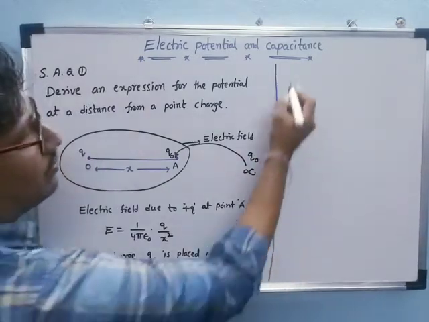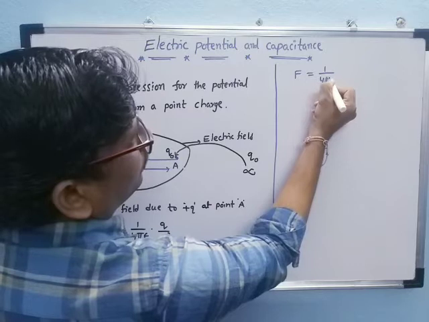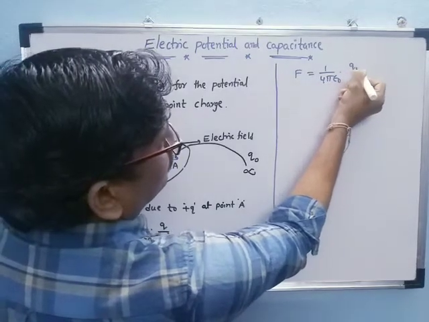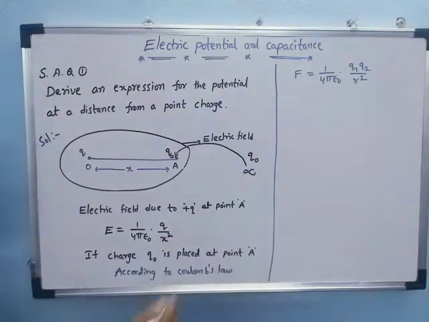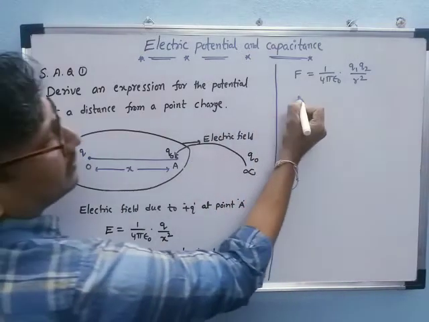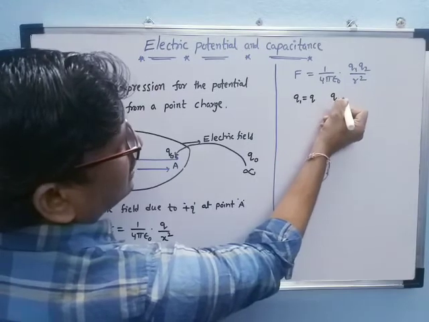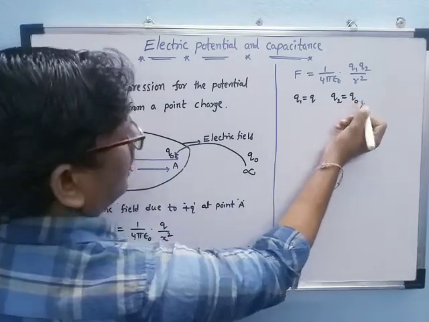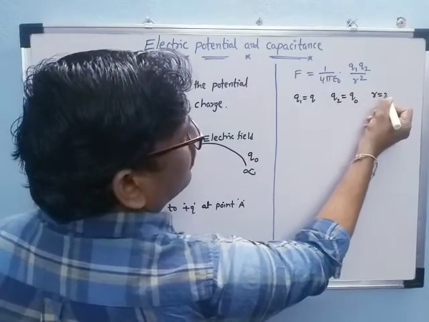F is equal to 1 by 4 pi epsilon naught, q1 q2 by r square. This is the formula of Coulomb's inverse square law. Here q1 is equal to q, q2 is equal to q naught, and the distance r is equal to x.